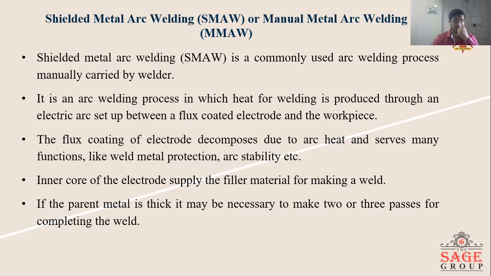The flux coating of the electrode decomposes due to the arc heat and serves many functions like weld metal protection and arc stability. The inner core of the electrode supplies the filler material for making the weld. If the parent metal is thick, it may be necessary to make two or three passes to complete the weld.